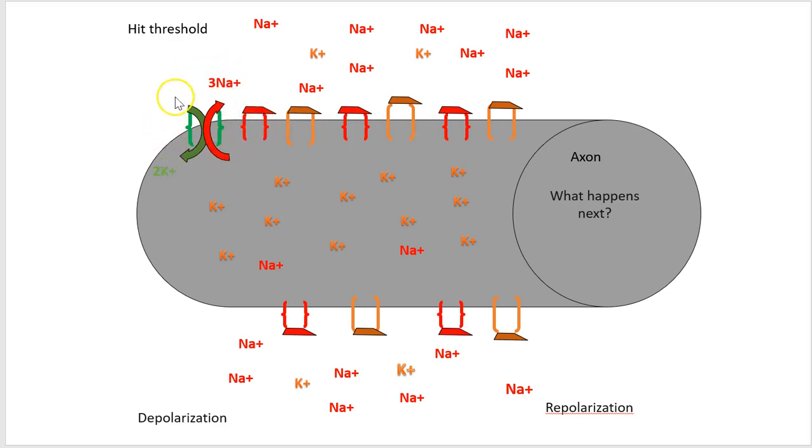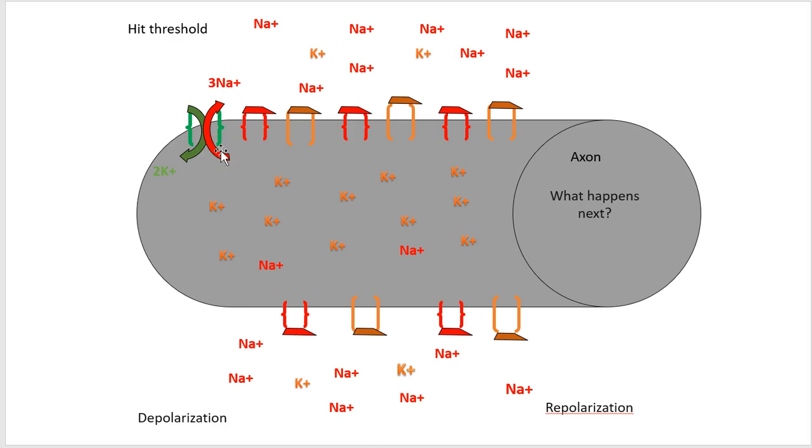I only have one on here, but they go all along the cell membrane of neurons. These pumps are going to pump against the gradient. So here's what the pump does. It pumps 3 sodium out for every 2 potassium in. Now, look at it. Is this pump going with or against the gradient?